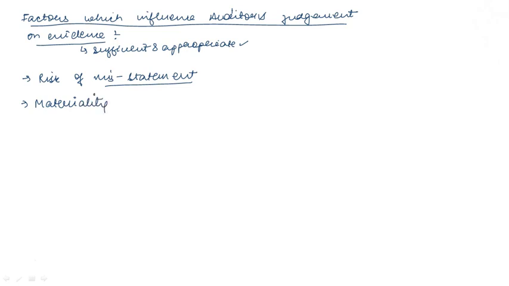Materiality over here refers to the relevance, right? If something has been posted, you are required to present the relevant evidence for that. The evidence should be properly relevant. It should not be like that just because of an error in profit and loss account, the rent was not received, but you have mentioned that yes, the rent is received.